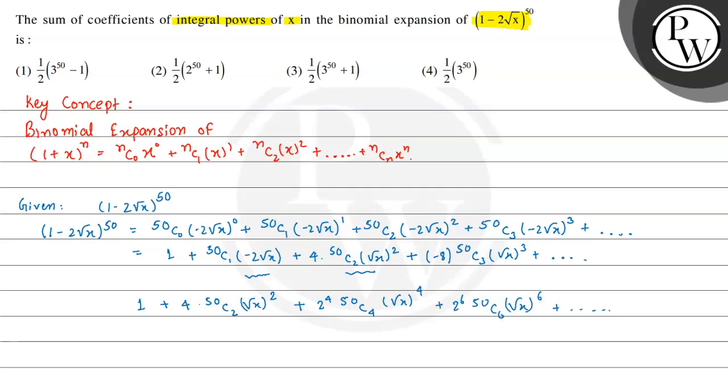But we have to find only the sum of coefficients. So the sum of coefficients is 1 + 2^2 50C2 + 2^4 50C4 + 2^6 50C6 and so on, since 4 can be written as 2 squared. We have to find its value. Let us suppose this is equation 1.